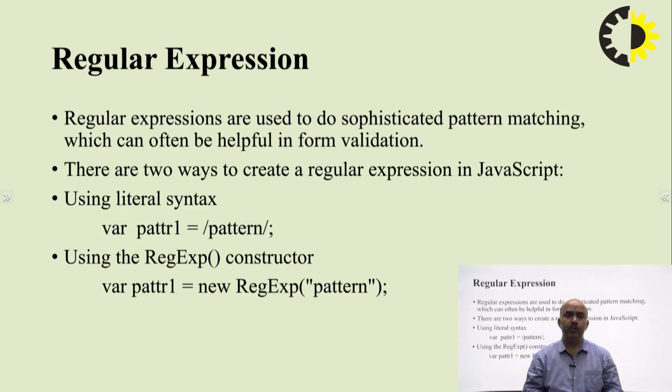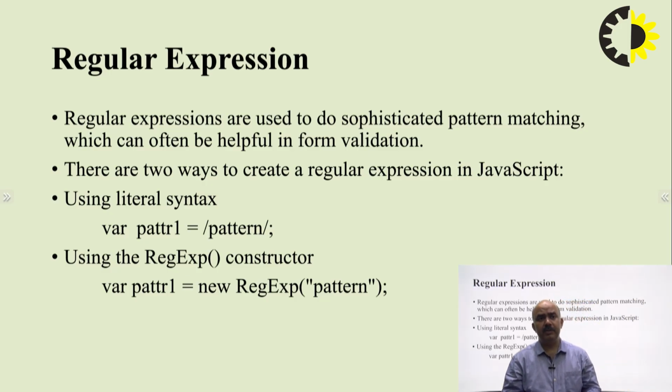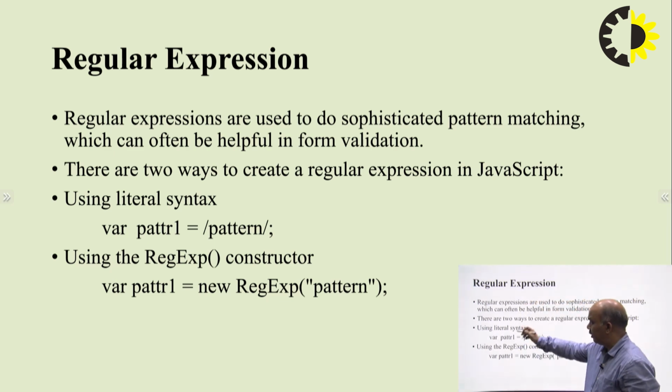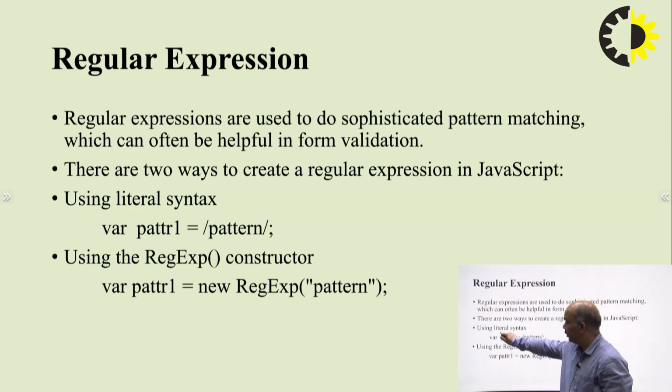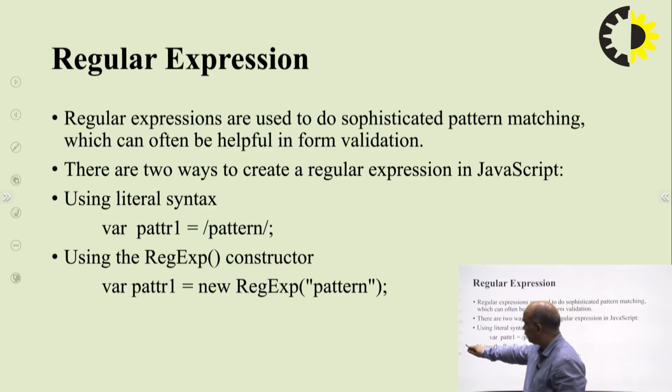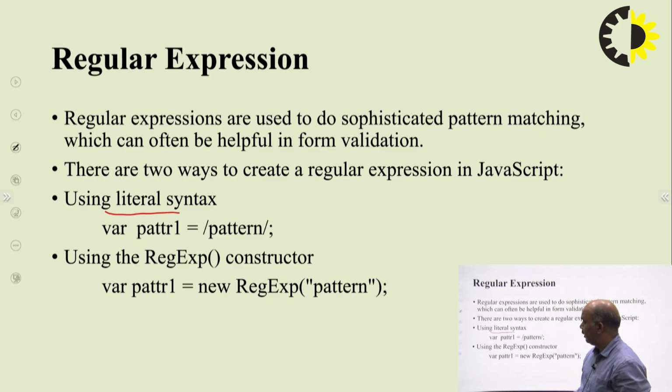There are two ways through which we can create a regular expression in JavaScript. One is by using the literal, another by using the constructor. When using the literal, we create a variable, or nowadays we use let. Let pattern1 is equal to the pattern which we want to validate.